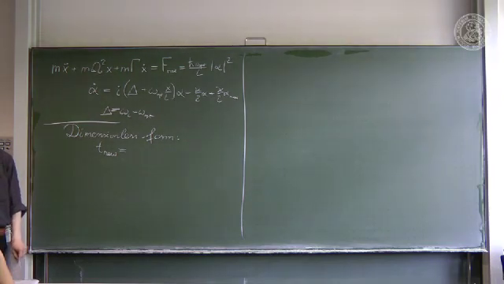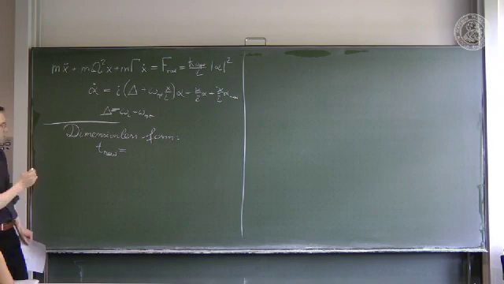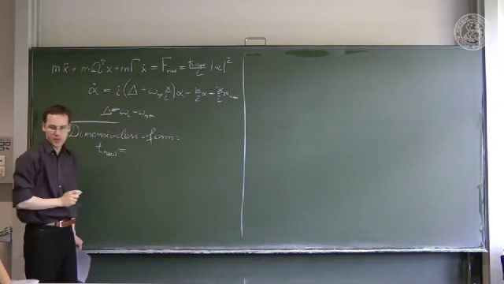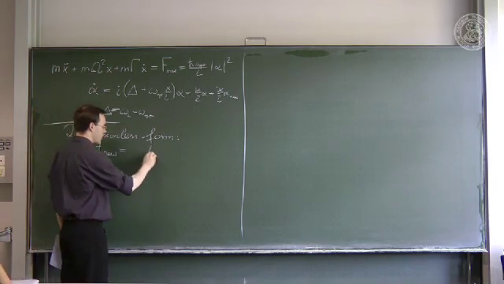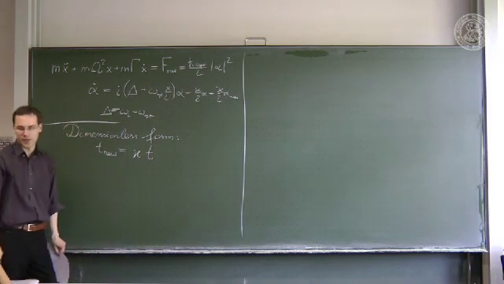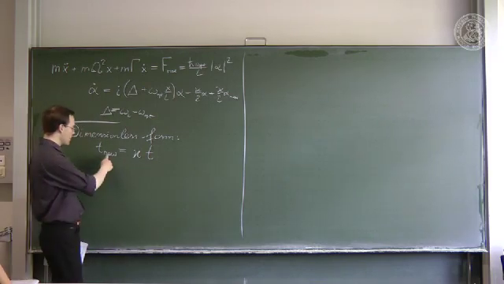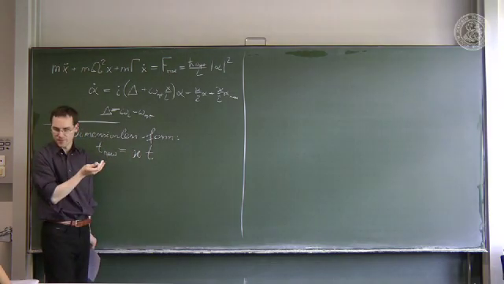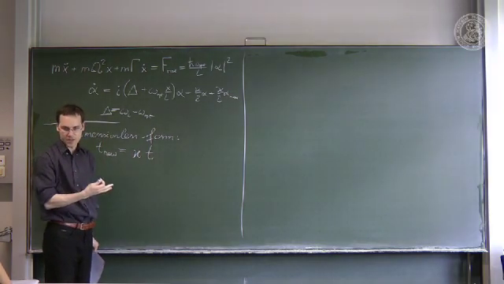That is one possible choice. But the choice I want to take here is that kappa in the end becomes 1. So what I do is I take my old dimensionful time and multiply it with the rate kappa. So essentially, the new time measures how many photon decay times have elapsed.